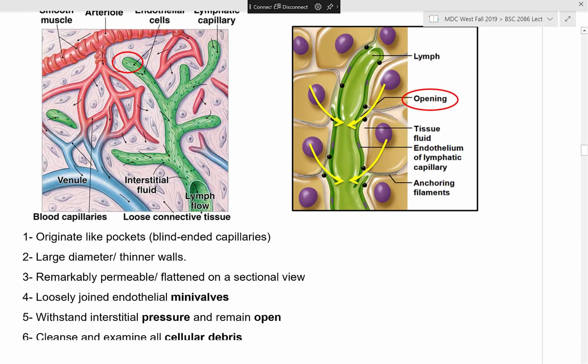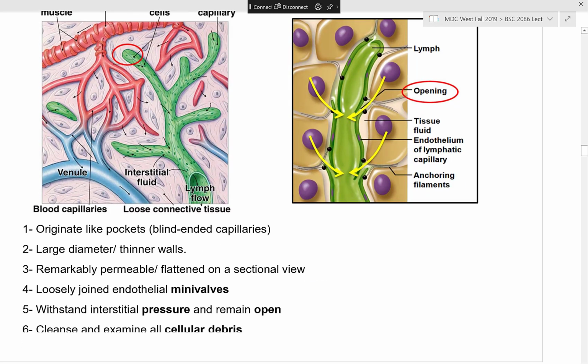Well, the first one is they have blind-ended capillaries, means that they end blindly here. Okay, they don't connect to anything else. The next feature is that they have a large diameter and thinner wall. Who has a large diameter and thinner walls? So they got structures just like the veins.